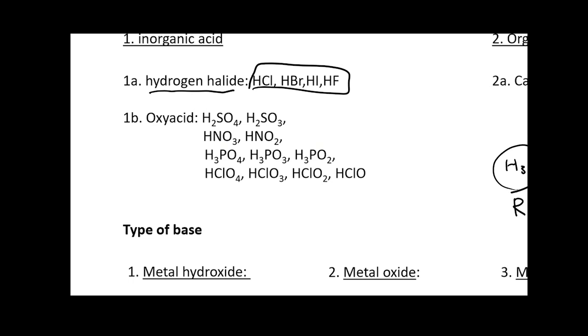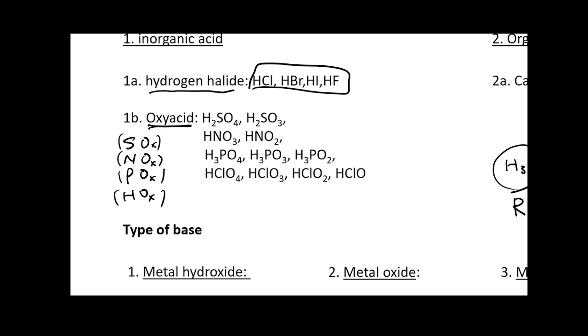Another type of acid is called the oxyacid. If you see sulfur, nitrogen, phosphorus, or halogen groups appearing inside your chemical structure, then it will be a so-called oxyacid.